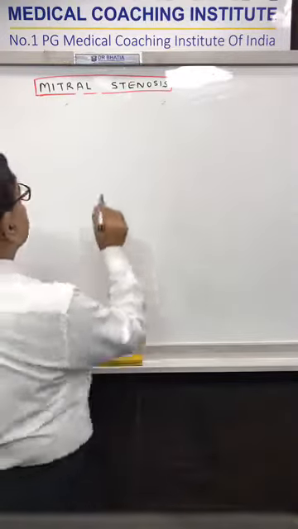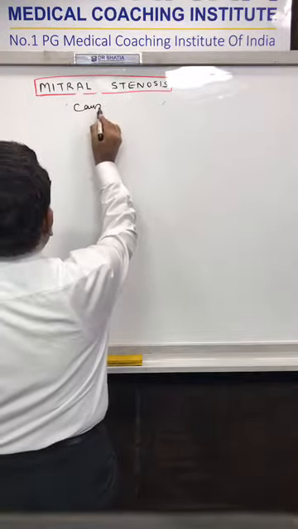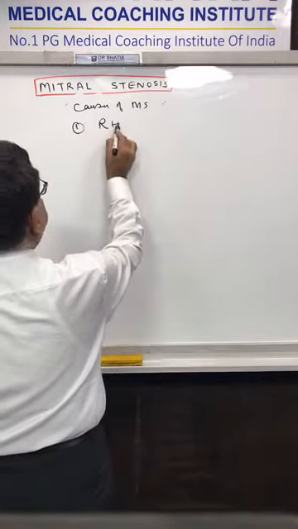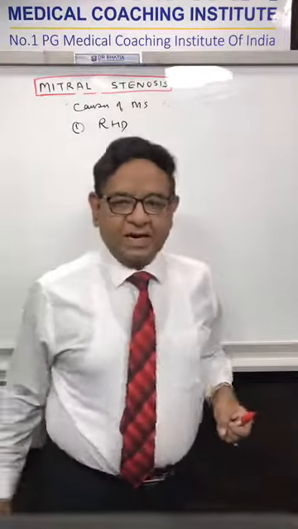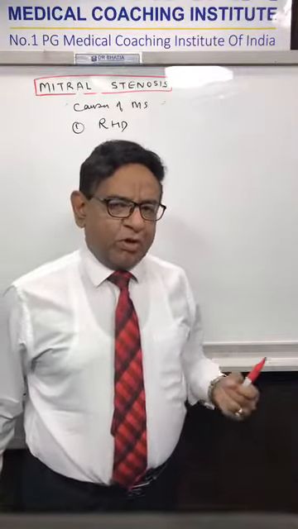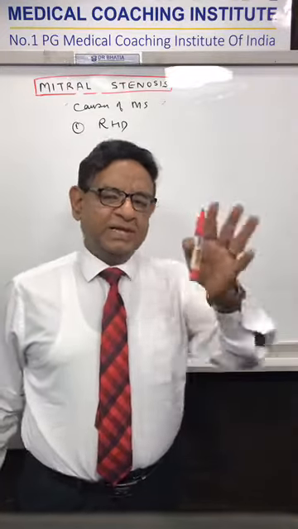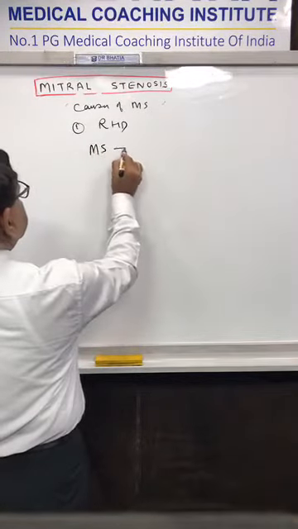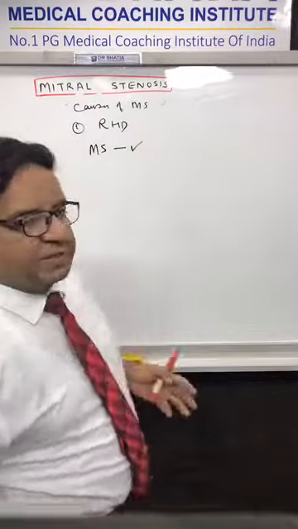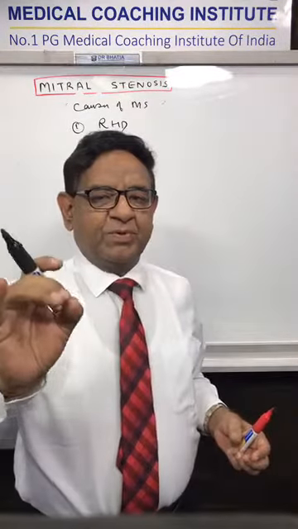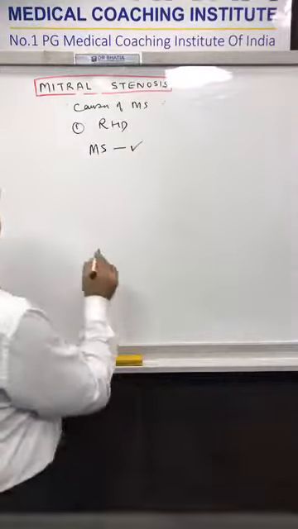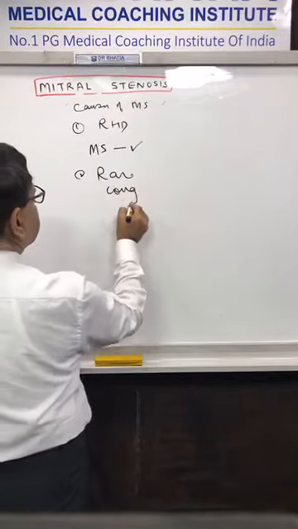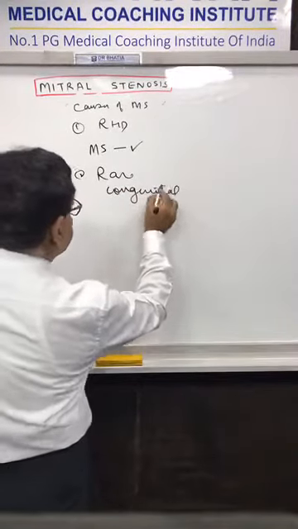Let's see the causes of MS. Rheumatic heart disease, RHD. Friends, for all practical purposes, MS occurs only in RHD. It means if in a patient MS is present, it is the surest feature that the patient is suffering from rheumatic heart disease. It is very rare to be congenital.